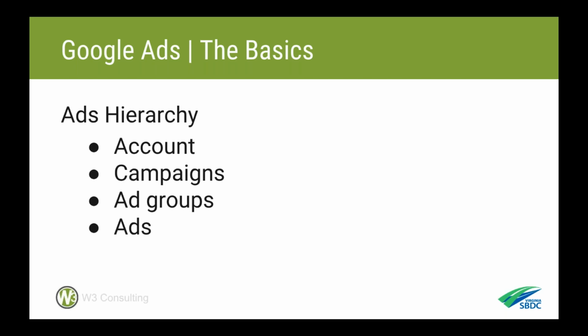Then you will have multiple campaigns. Think of a campaign as a notebook, ad groups as pages within the notebook, and the ads as the content within the notebook. They are varying layers of the structure and hierarchy of how you're going to put together your advertising budget and the goals of that budget.